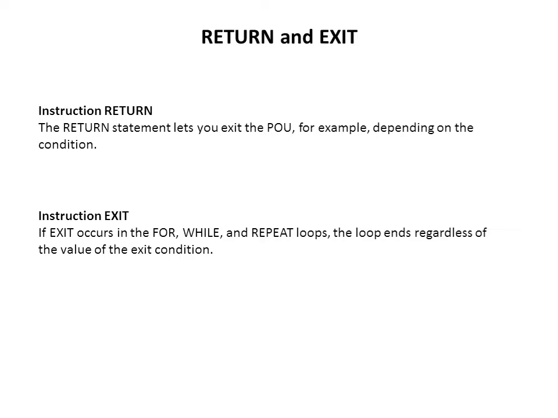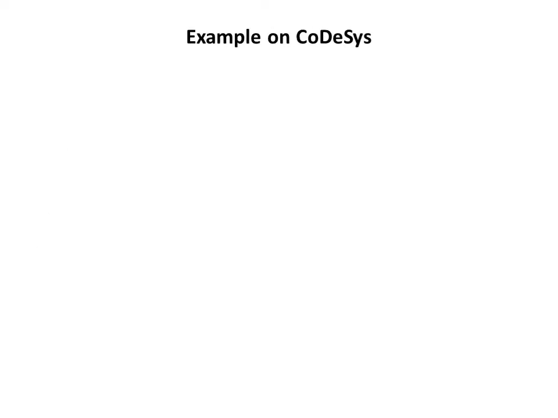So now let's look at the process of creating a project in the ST language in the CoDeSys software package. Yes, because in our tutorials we always use the CoDeSys software package.